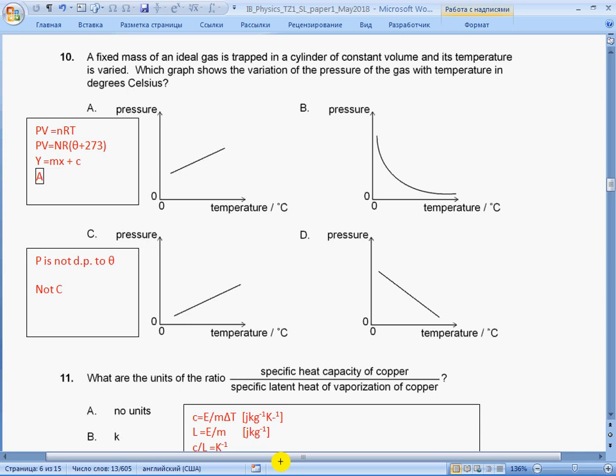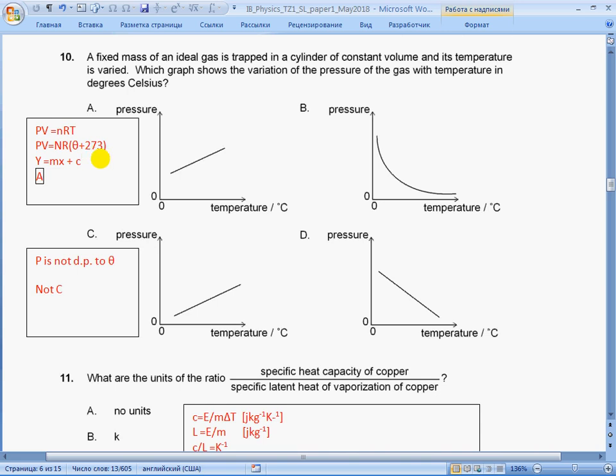A fixed mass of an ideal gas is trapped in a cylinder of constant volume and its temperature is varied. Which graph shows the variation of the pressure of the gas with temperature in degrees Celsius? According to the ideal gas equation, PV equals nRT, so pressure is directly proportional to Kelvin temperature, but Kelvin temperature is expressed as theta plus 273 for degrees Celsius.